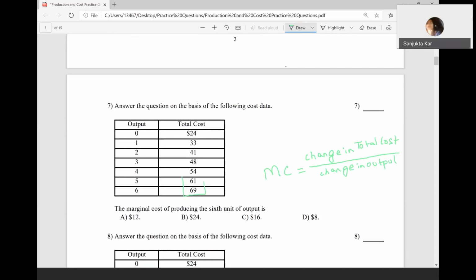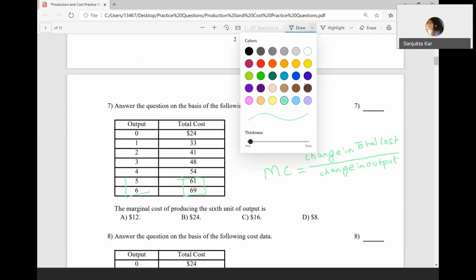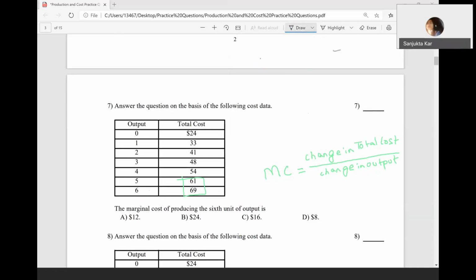So I will need these numbers. This is equal to 69 minus 61 over 6 minus 5. So this one's equal to $8. This is the answer to this question.